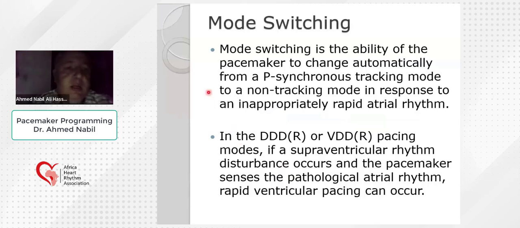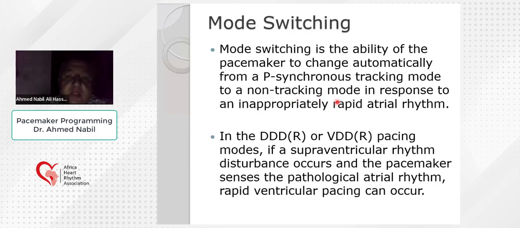Another important programmable option is the mode switch. Mode switch, of course, is in the dual chamber pacemakers, or the pacemakers that can sense the atrium. Mode switch is the ability of the pacemaker to change the mode from a tracking mode, or P-wave synchronous tracking mode, to a non-tracking mode.